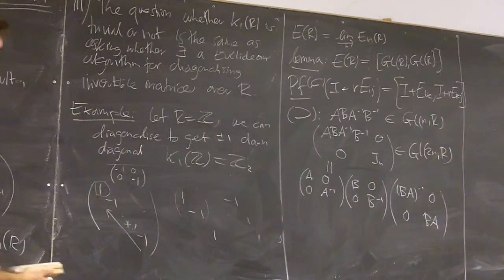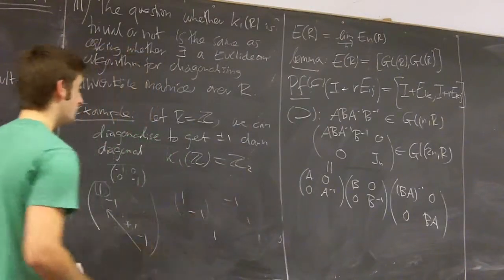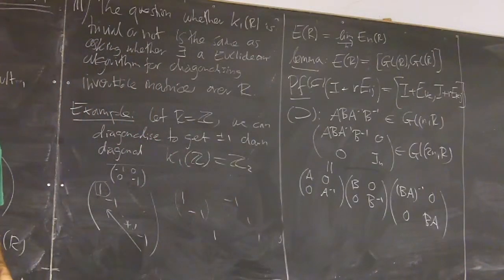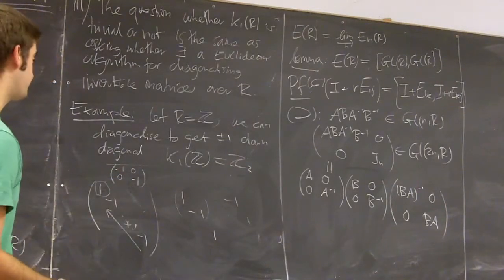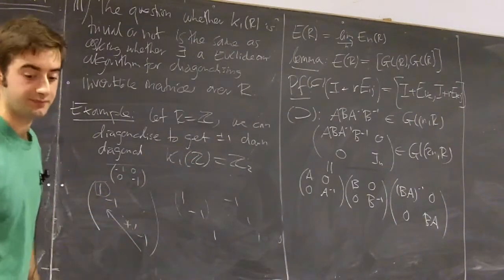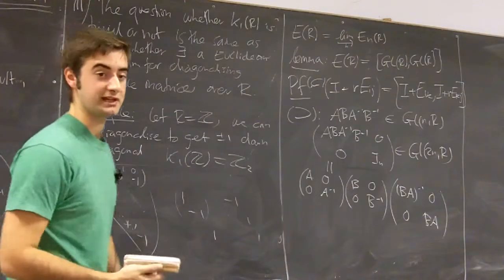But whether this was plus or -1, we already saw doesn't matter for the s-cobordism theorem, because we can change orientation. So actually we only really care about K1 of Z quotiented out by plus or -1, and this is called reduced K1.